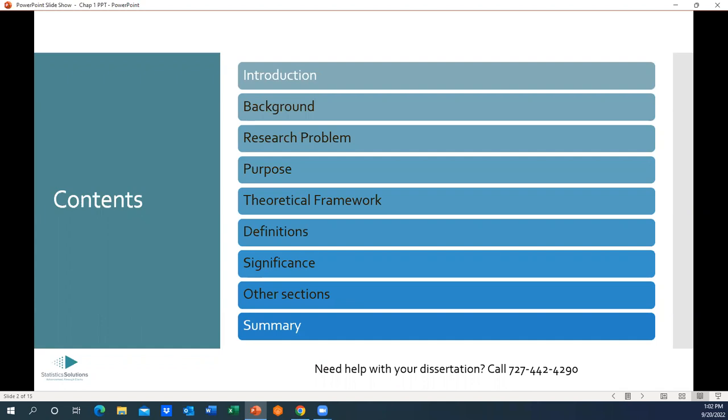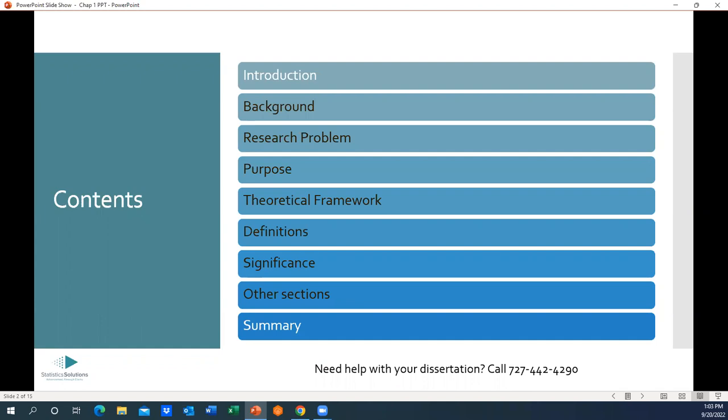The content for chapter 1 is pretty standard. And I'm going to say this now, and you're going to hear me repeat it several times throughout the webinar. Always obtain your school's template for the chapters and for the dissertation, because while there are a lot of commonalities across dissertations, sometimes schools will have particular requirements, or the headers may have different names, or they may be in a different order.